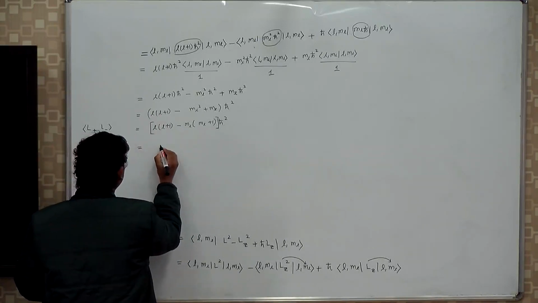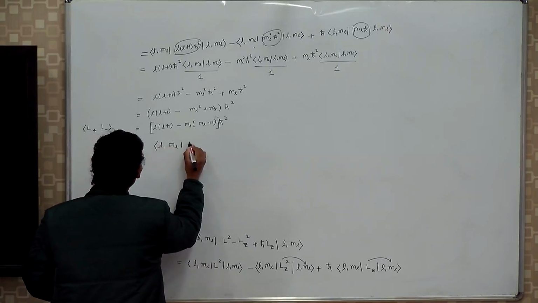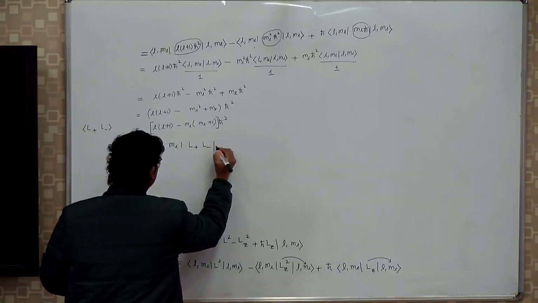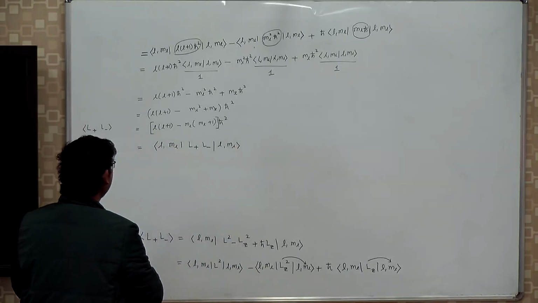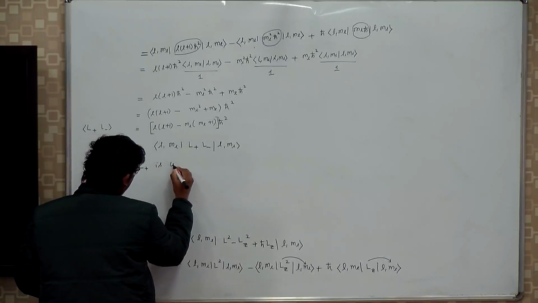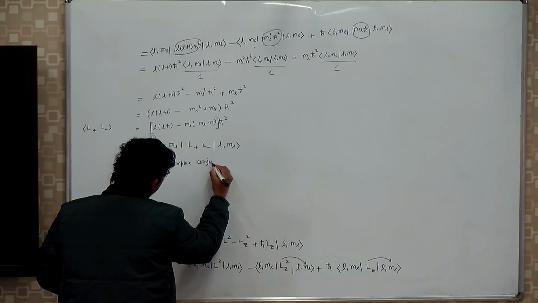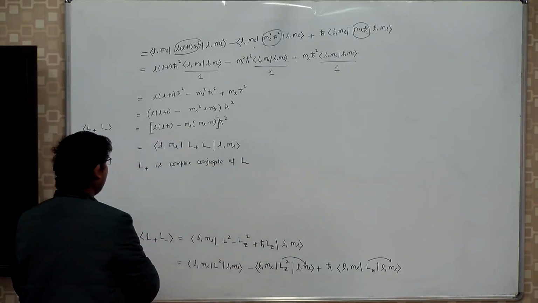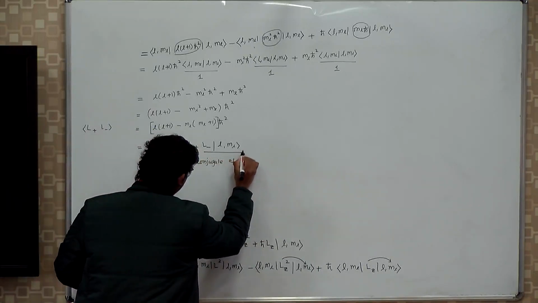This is nothing but L comma m L, L plus L minus L comma m L. But the L plus is the complex conjugate of L minus. This is bra vector, this is ket vector.